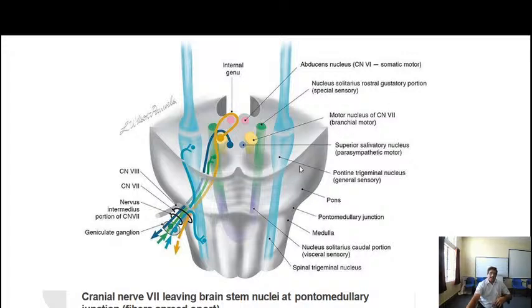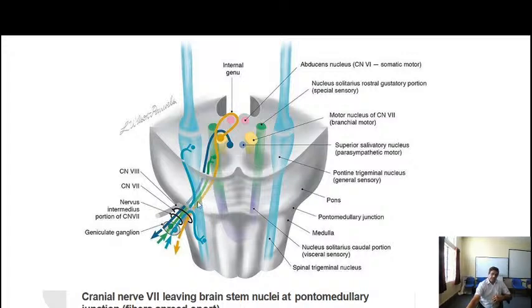So now, at the cerebellopontine angle and the medullary pontine angle, the components, the parasympathetic secretomotor fibers, then the tractus solitarius, which receives the sensation of taste, and the general sensation from the ear concha, all three of them together form a single unit, called the nervus intermedius of Wrisberg.